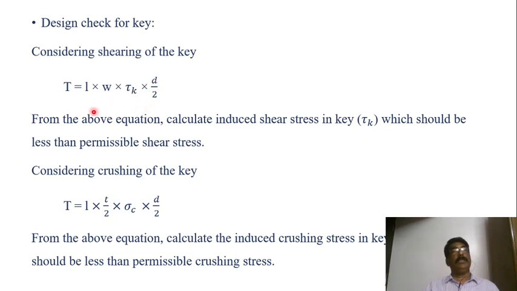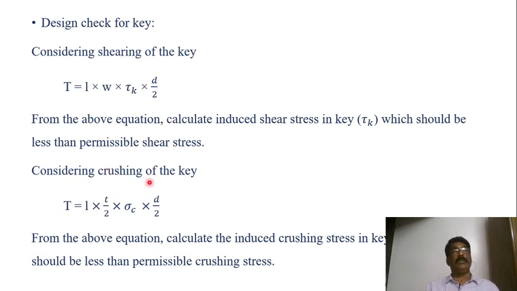So by using this equation, we can calculate tau K, that is the shear stress induced in the key material, and its value should be lesser than the permissible shear stress. Then the design of the key is safe under shearing.